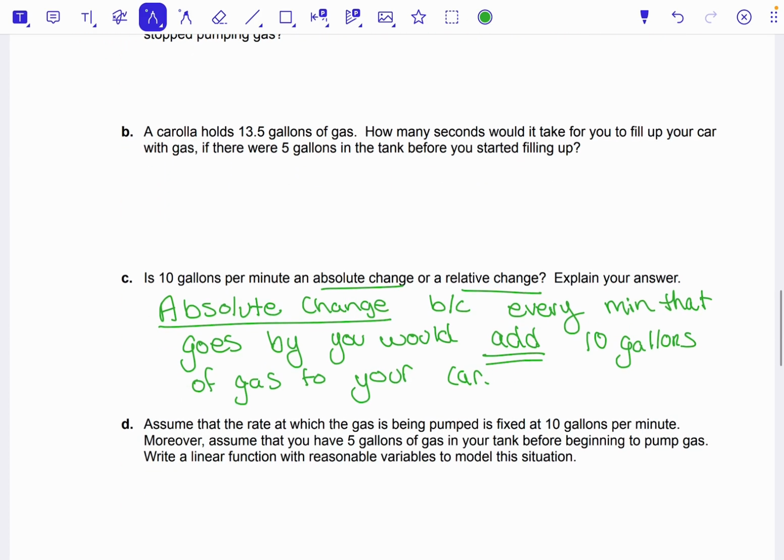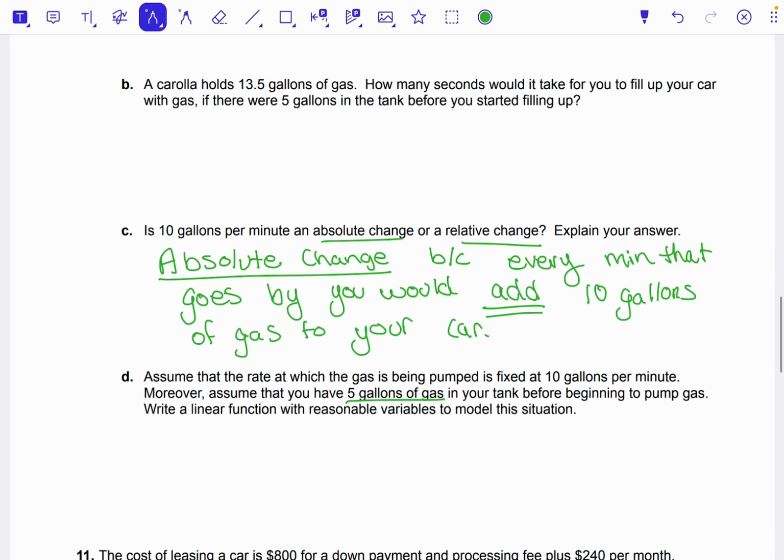All right, so assuming that the rate at which gas is being pumped is fixed at that amount, and moreover, we're going to assume that our car is starting with 5 gallons of gas, we want to write a linear function. So I'm going to make G the amount of gas in my car, and I'm starting with 5 gallons, so there's my initial amount, and I'm going to be adding 10 gallons for each minute that goes by.